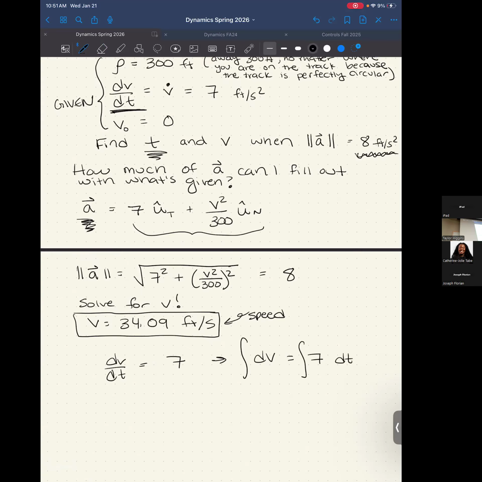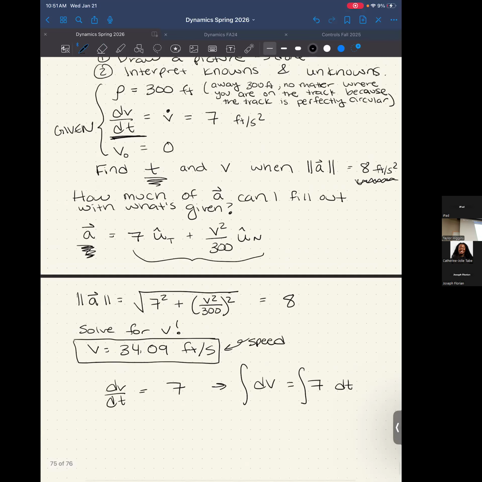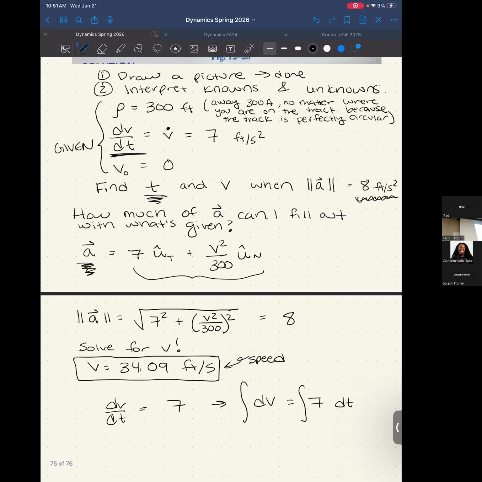Integrate both sides. And be careful about my bounds. What am I interested in? Well, I know 2 points in time. I know that velocity or speed starts out at what? 0. Yep, because that's given in the problem. V0 equals 0 at time equals 0.